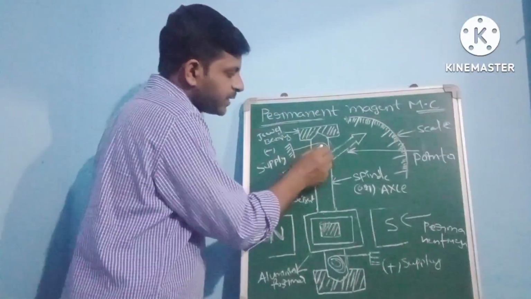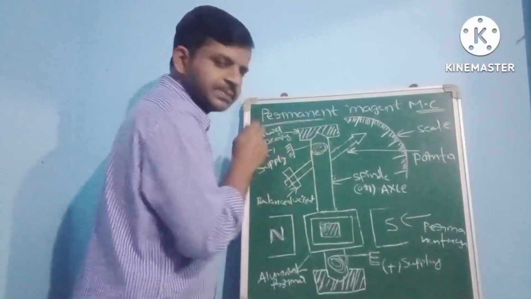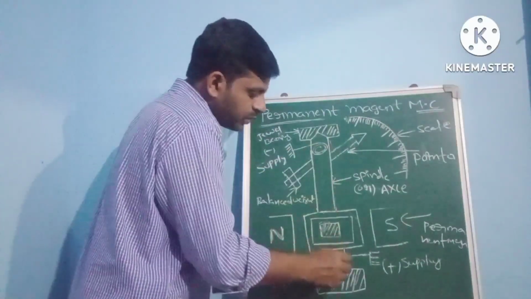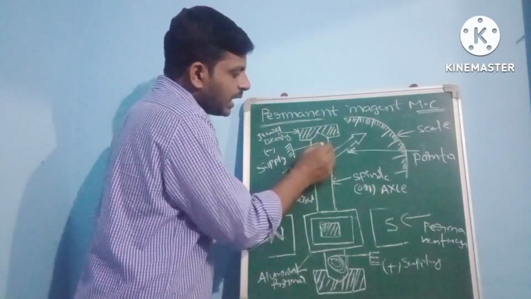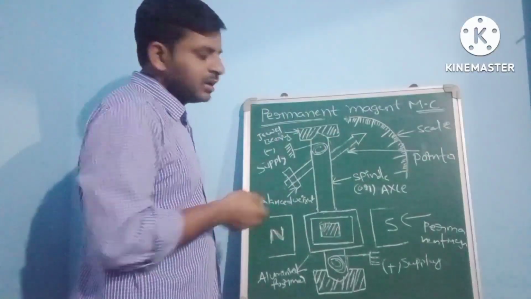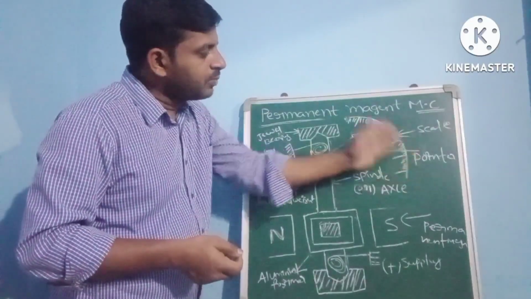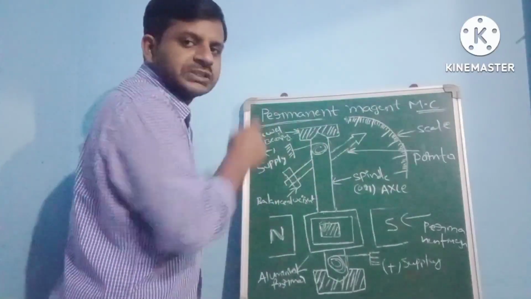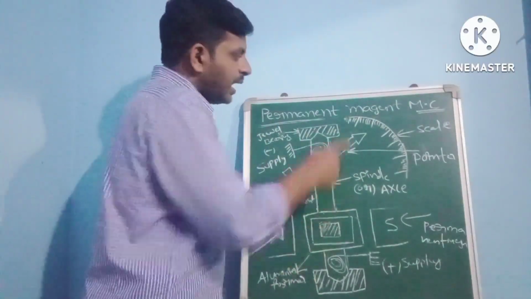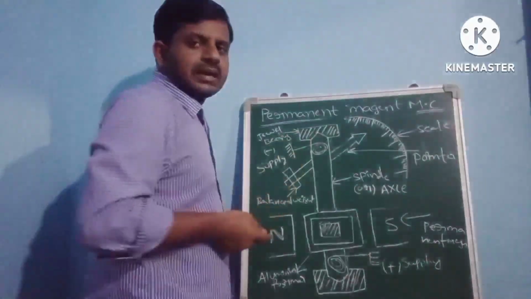Here there is the phosphor bronze spring. One spring is wound in the clockwise direction and the other in the anti-clockwise direction, because if the pointer moves from forward to backward, the controlling springs bring it back to the initial position of the scale.